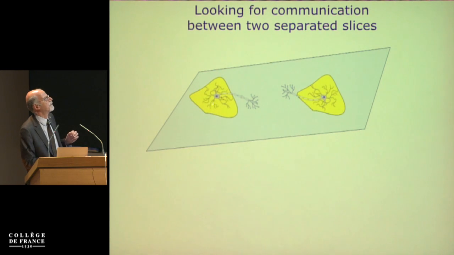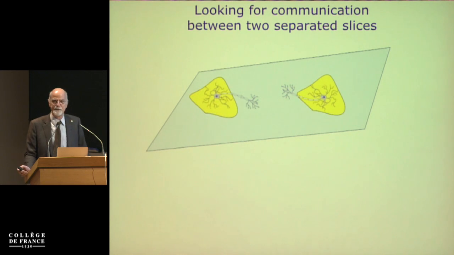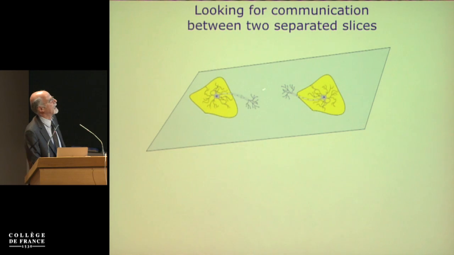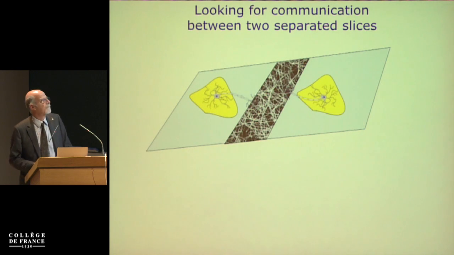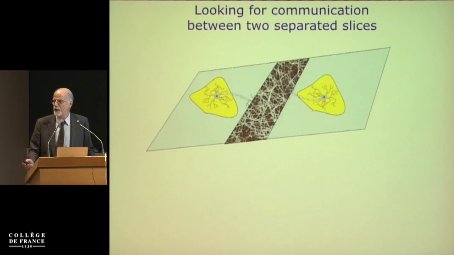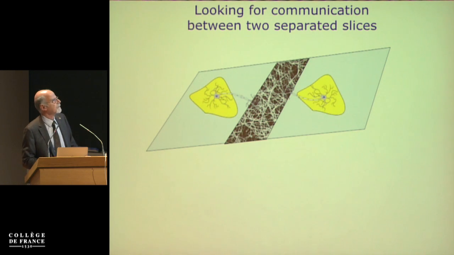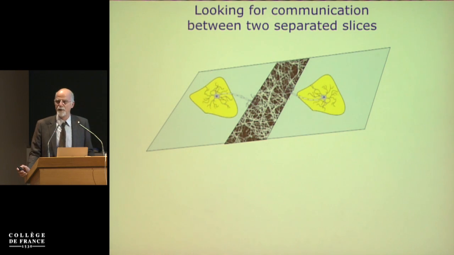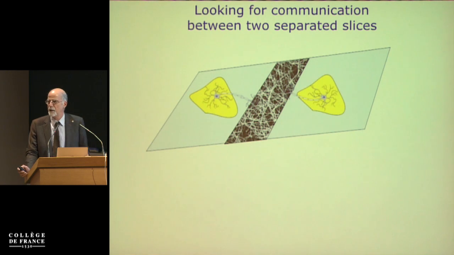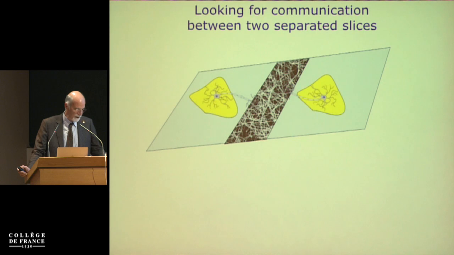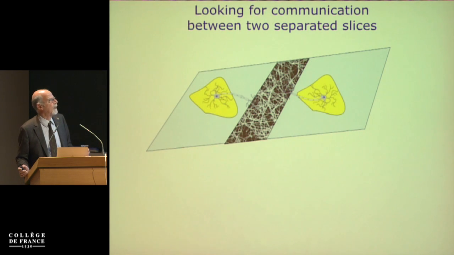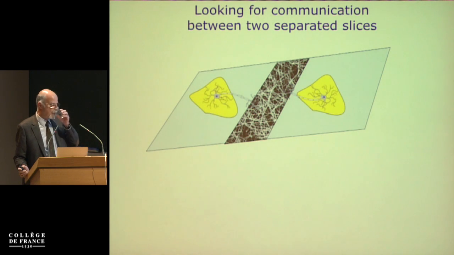In practice, what we want to see is whether, if we place two slices of spinal cord at a distance by which they cannot communicate, and we place a bridge in between the two, maybe we can restart communication between these two parts of the slices. And when we did this with our layer of carbon nanotubes, nothing happened. And so we were very disappointed, and we didn't know what to do.